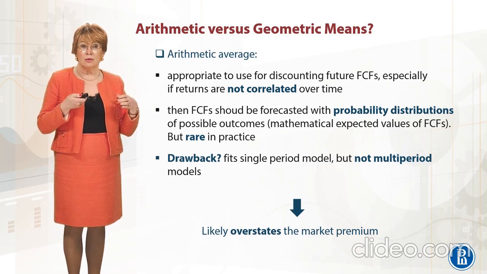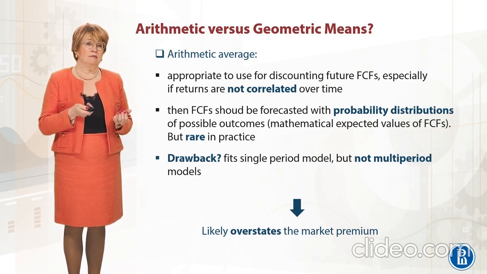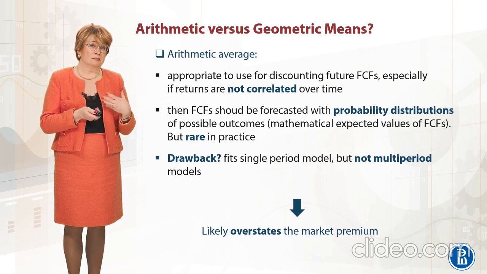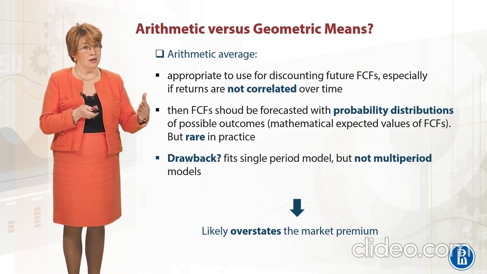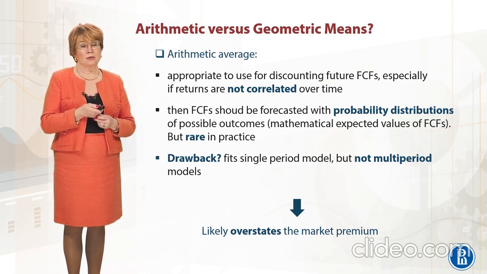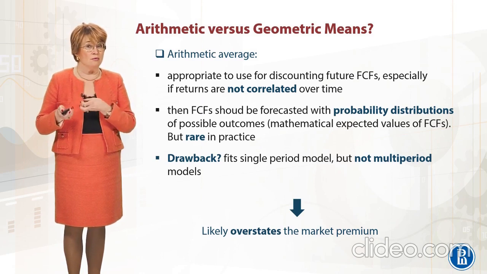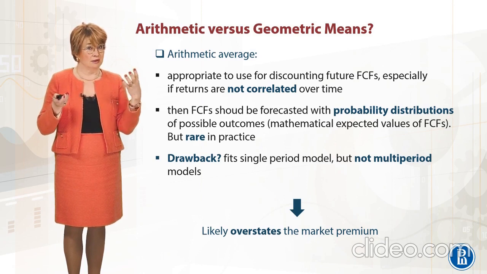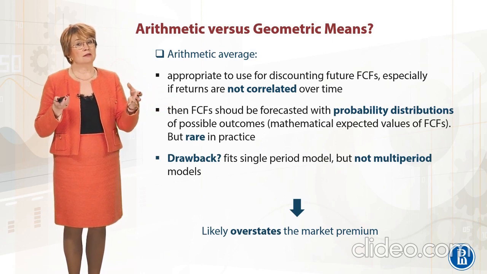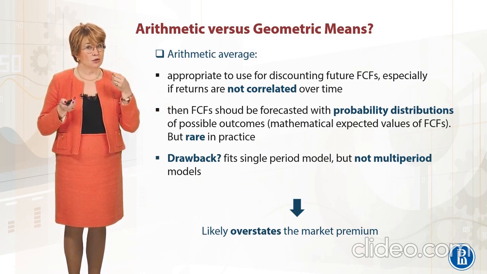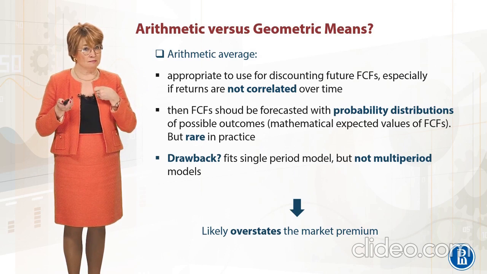And you could say that this is really a very smart approach, especially in case when year-on-year the stock returns of that particular market are not correlated over time. If there is no evident or significant correlation over time, then the arithmetic average has some advantages over geometric means.